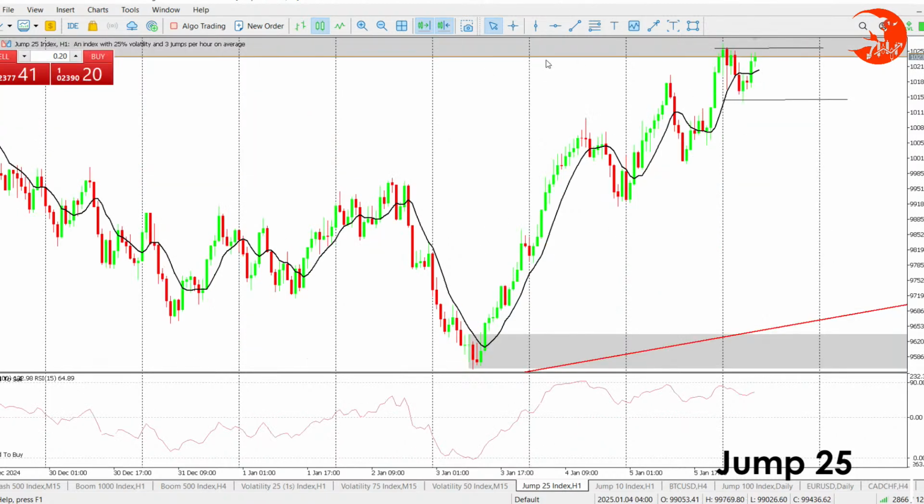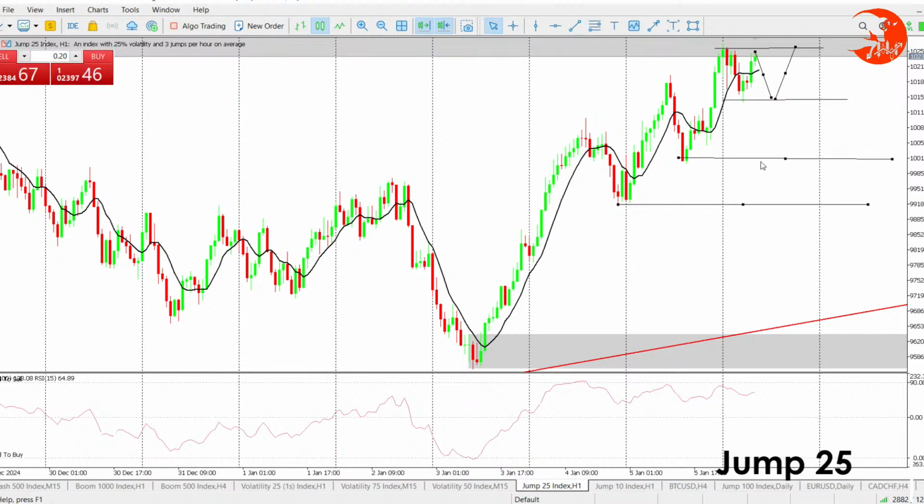So Jump 25, it's a no-go. The reason being H1 is somehow going to keep on consolidating. From what I've seen, it may keep on consolidating within these ranges. I'm not seeing it having a momentum to push for sells, but if it later on gets it, it will not be exceeding levels like these.